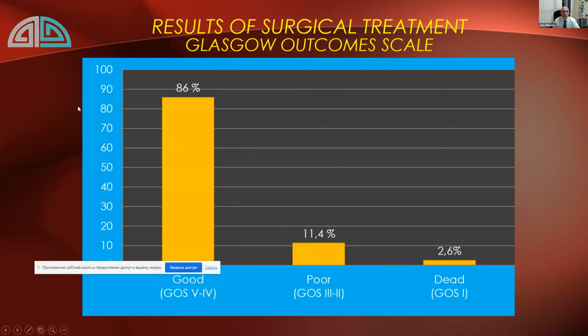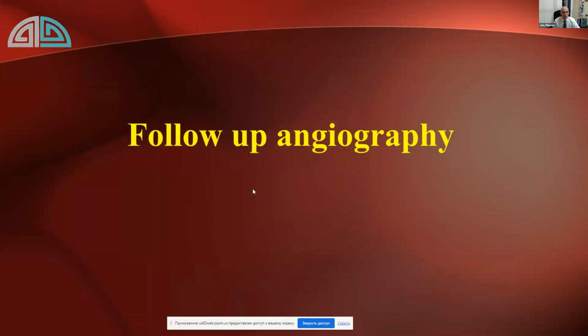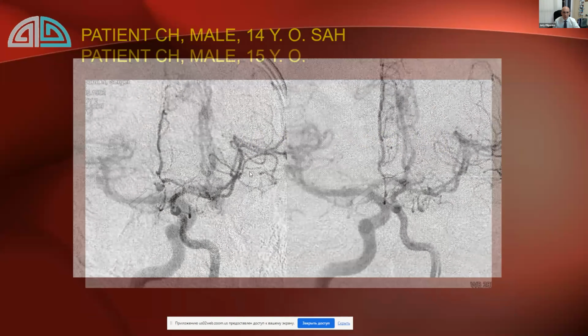These are our general results: Glasgow outcome scale, low mortality among the children, and good clinical results. And of course, we don't forget about follow-up angiography. In this case, sometimes it is necessary to perform a repeat surgery.